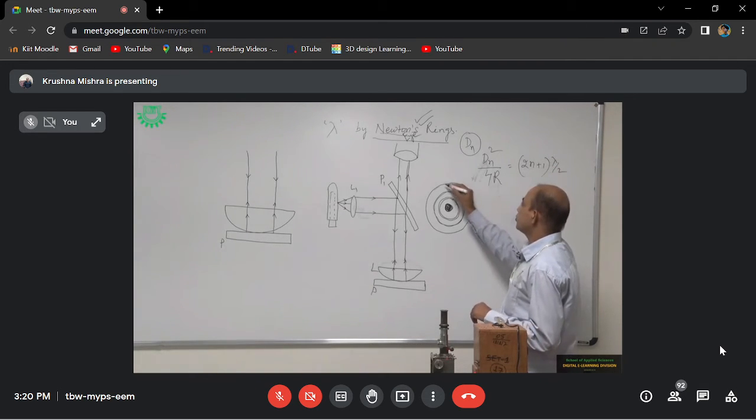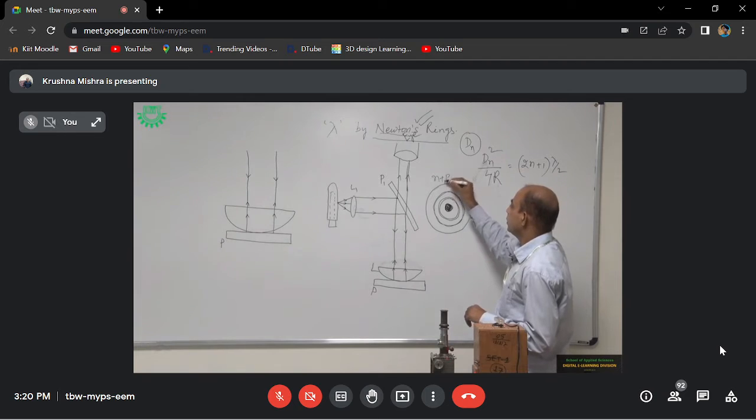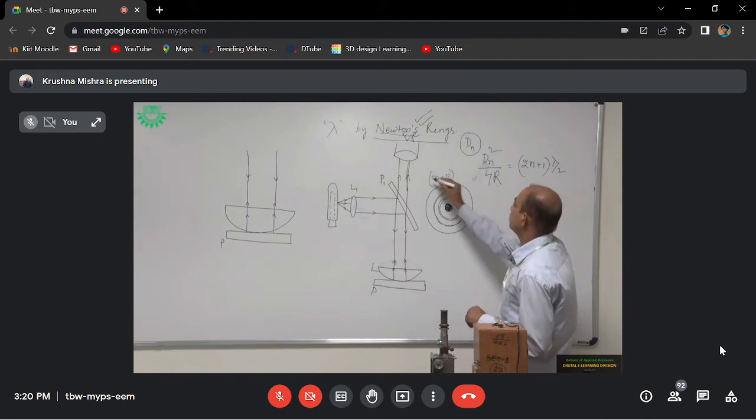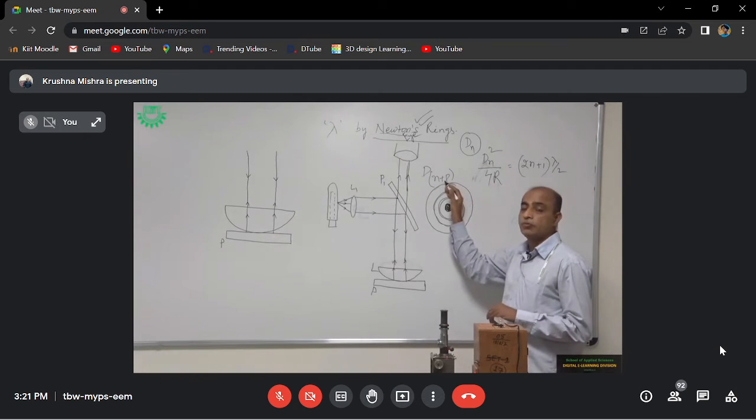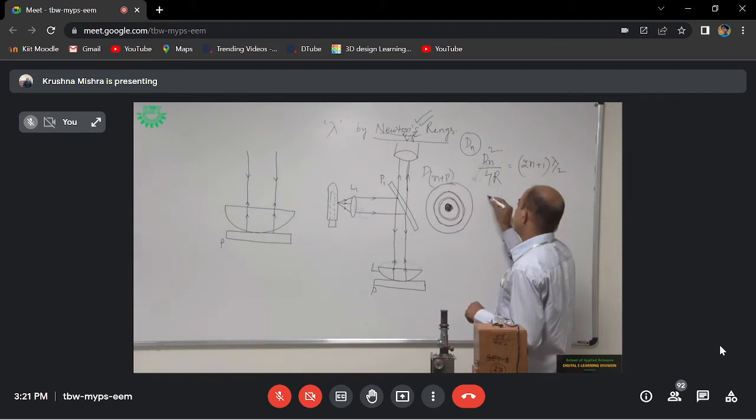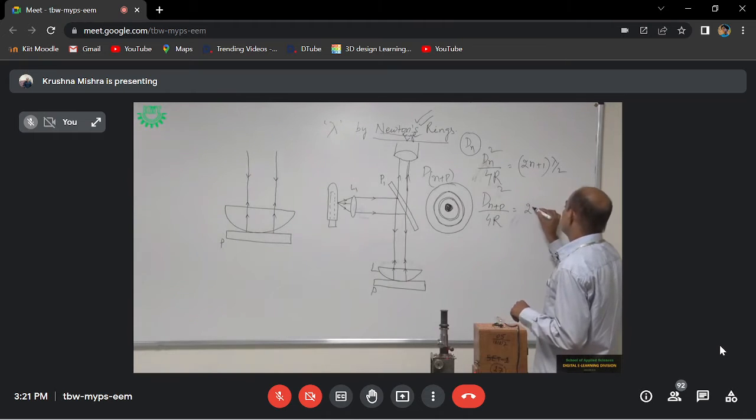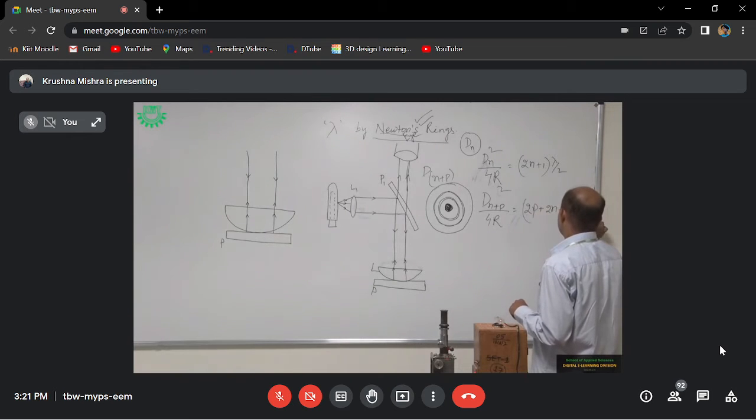Similarly, if dn plus p is the diameter of the (n plus p)th ring, then dn plus p square divided by 4r is equal to (2p plus 2n plus 1) multiplied with lambda by 2.